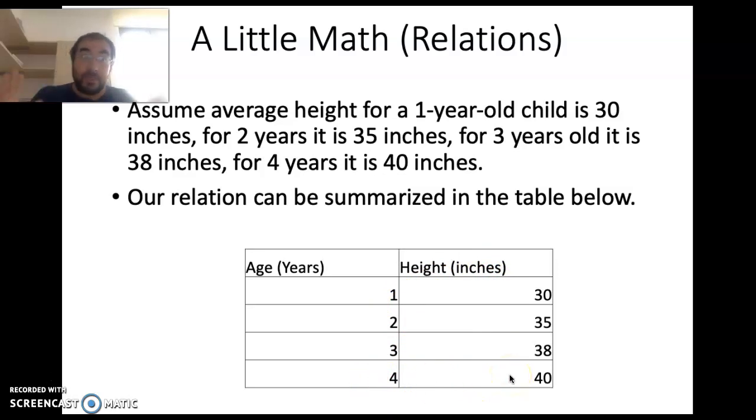So looking at our table, for each age, we can find a height. In this case, our relation is the whole table, not only a row of the table. Okay. So this relation might represent reality or might not. But if we want to represent reality, we might use a relation to show the information on height and age in a more organized way.